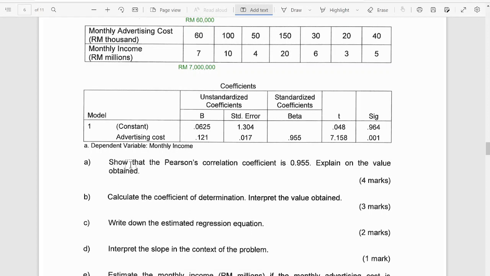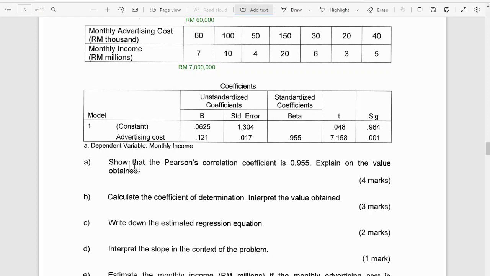They ask you to show, which means you have to show the working solution until you reach the value equal to 0.955. So in this case you have to calculate the value manually.